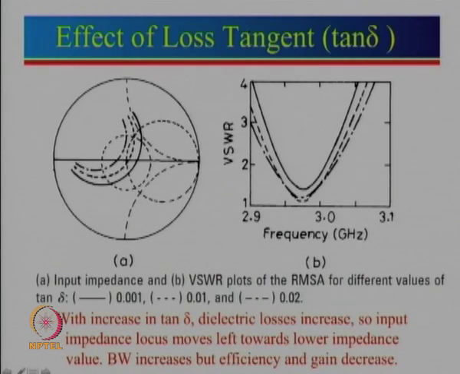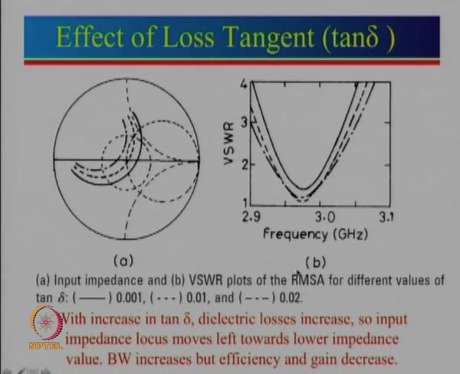Let us now see the effect of the loss tangent. We have taken three different cases of loss tangent. One is 0.001. This is the case of a very good quality substrate, and that is the plot shown over here. Then there is a substrate which has slightly more loss compared to this, and then this is the lossy substrate.